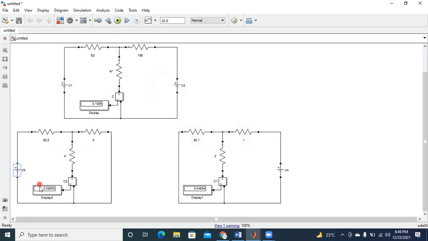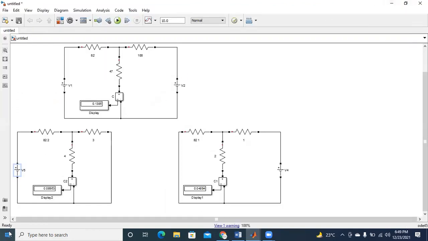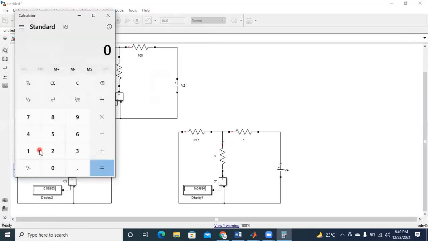Now I got around 0.8953 and 0.04894. Now I add these to check whether the answer is right or wrong.